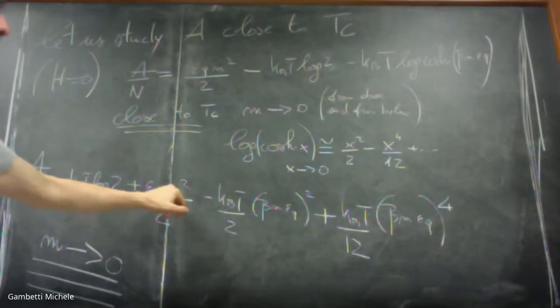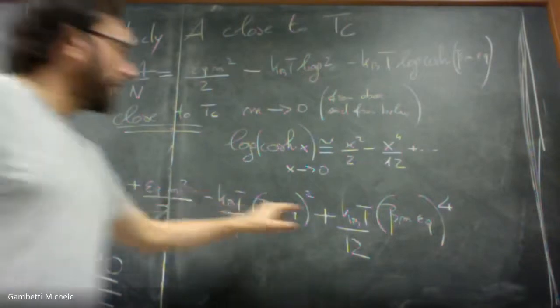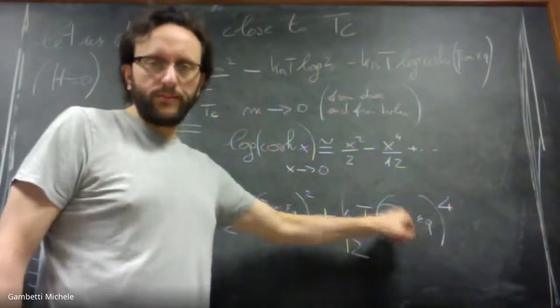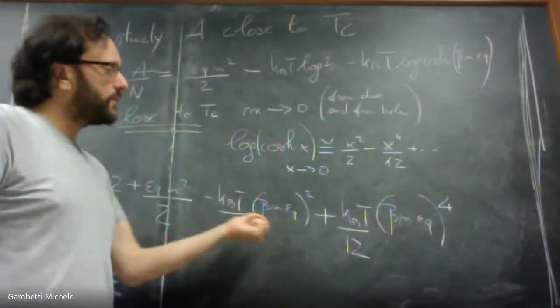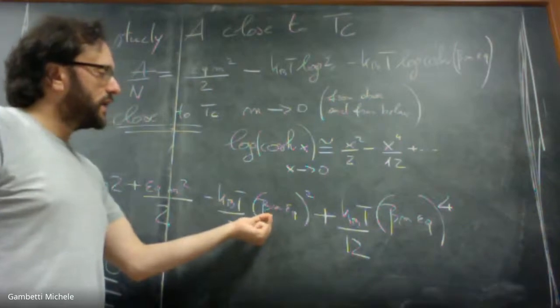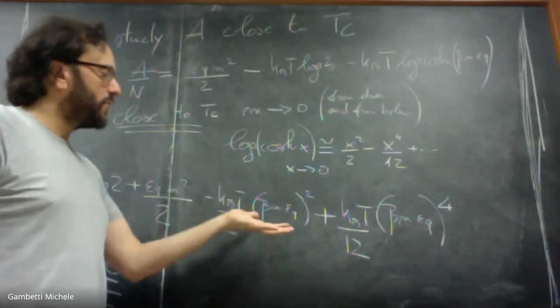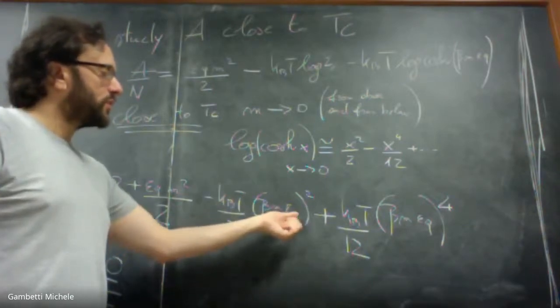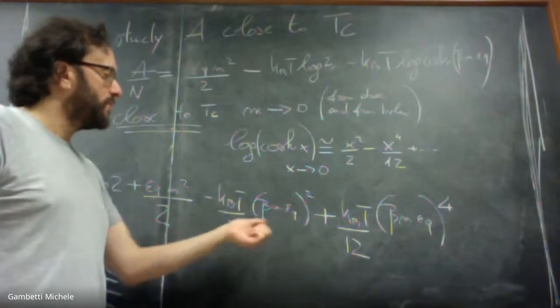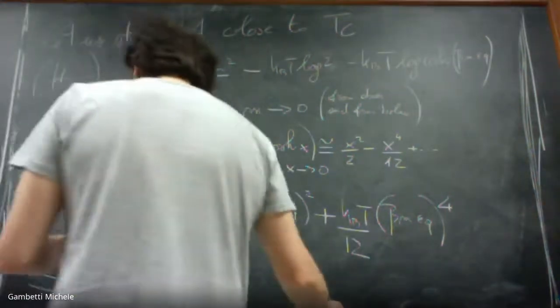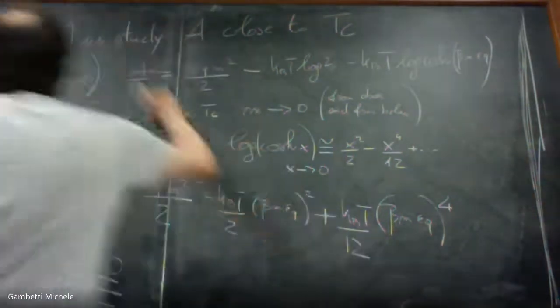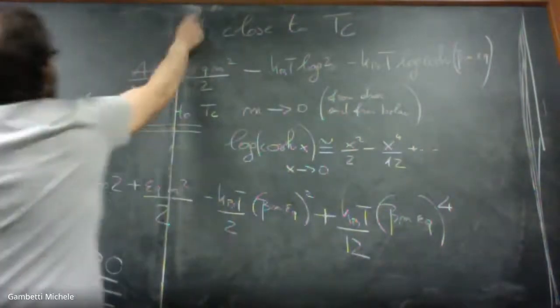Then there is a quadratic term, m squared, and then there is a quartic term. Actually, I can reshuffle this quantity a little bit by introducing the critical temperature, which is just epsilon q divided by k_B, and reshuffling this formula, I can arrive at the following expression for A.